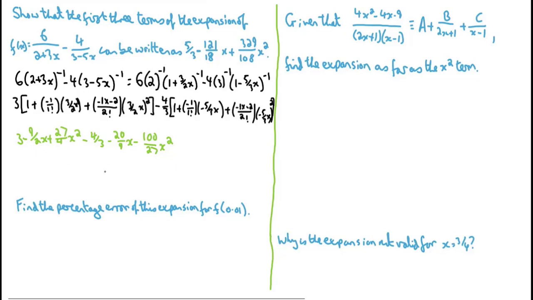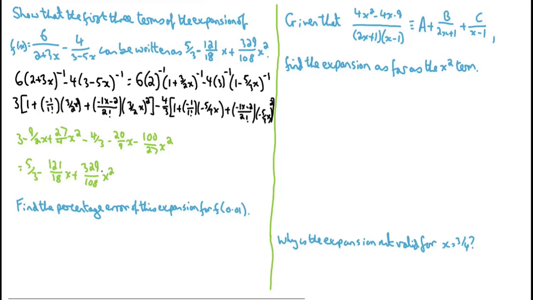So then just collecting together the like terms, that would simplify to the 5 over 3 minus 121 over 18x plus 329 over 108x squared that we had to show.